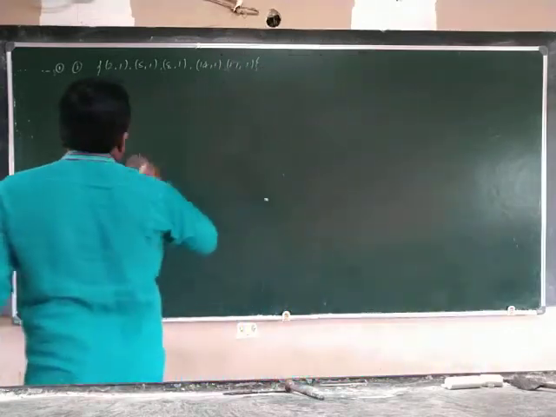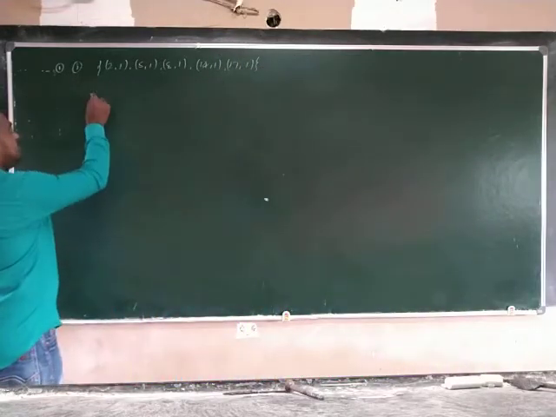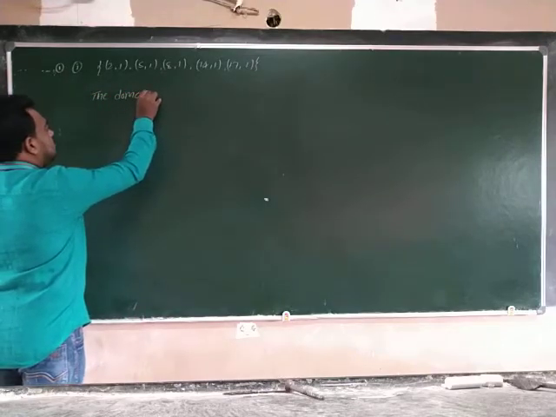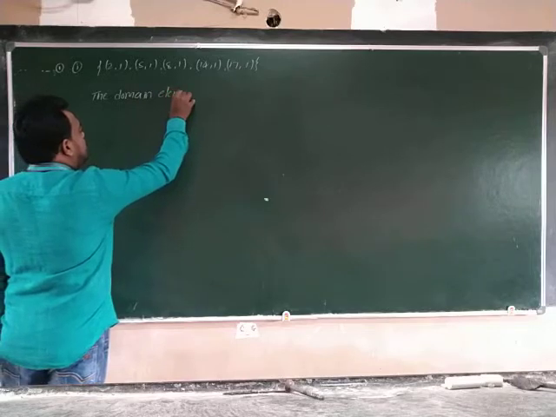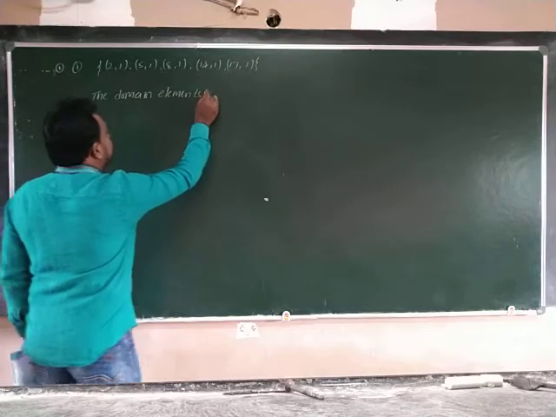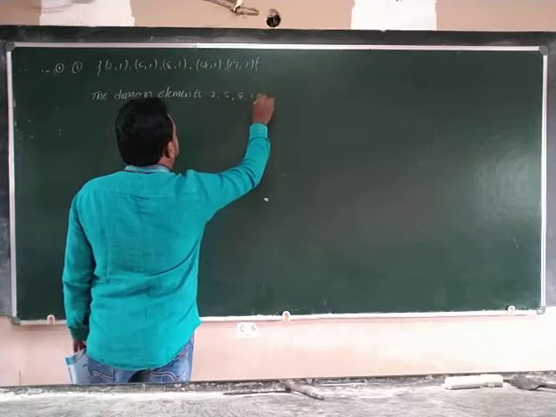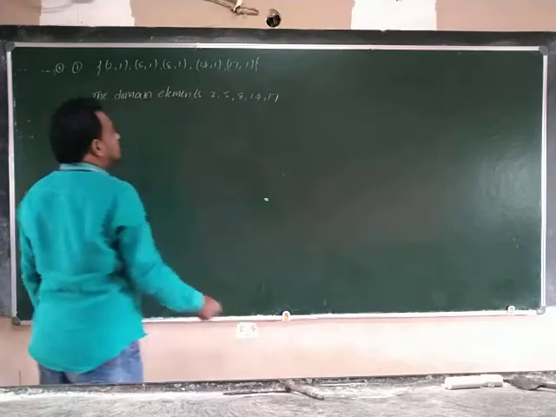See, what are the elements in the domain? The domain elements are 2, 5, 8, 14, 17.